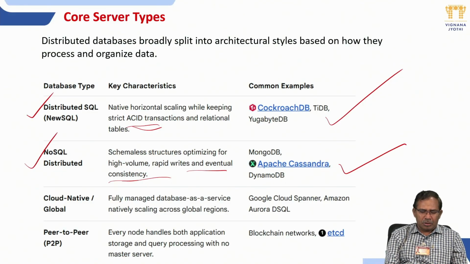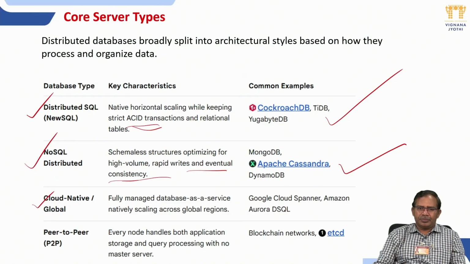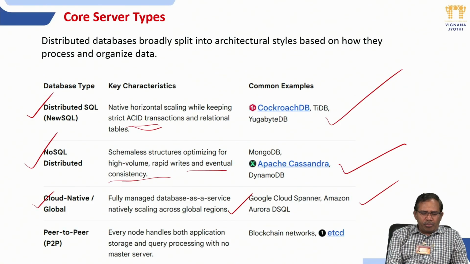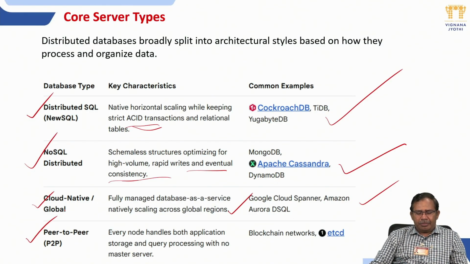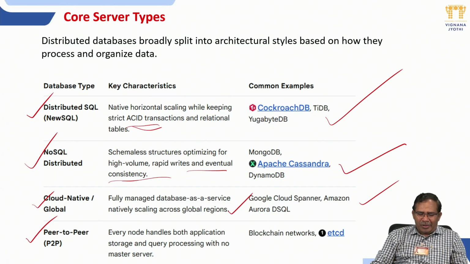Now, cloud native global, with a fully managed database as a service natively scaling across global regions. Google Cloud Spanner and Amazon Aurora DSQL come under this aspect. Coming to the peer-to-peer database type, every node handles both application storage and query processing with no master server.